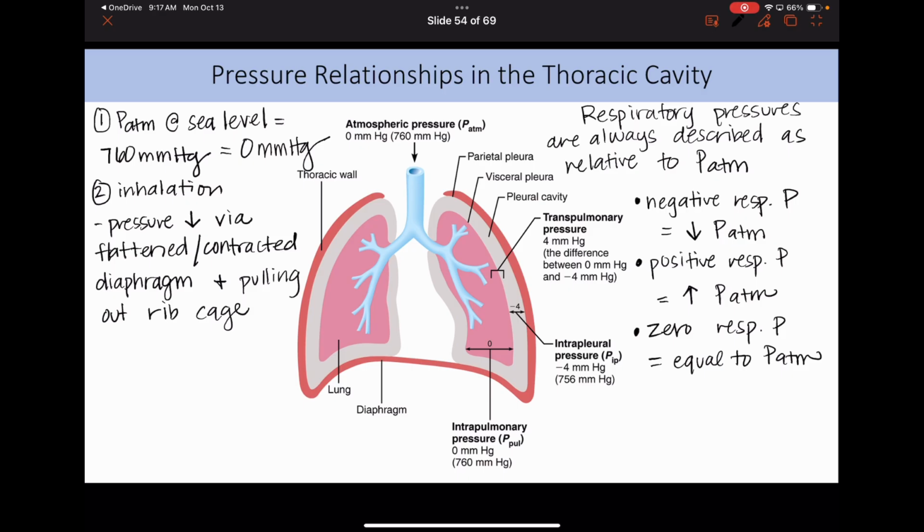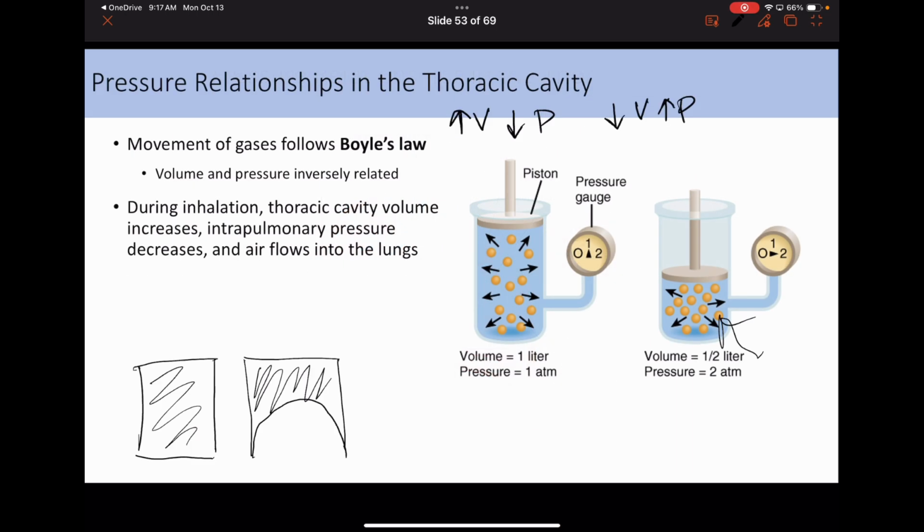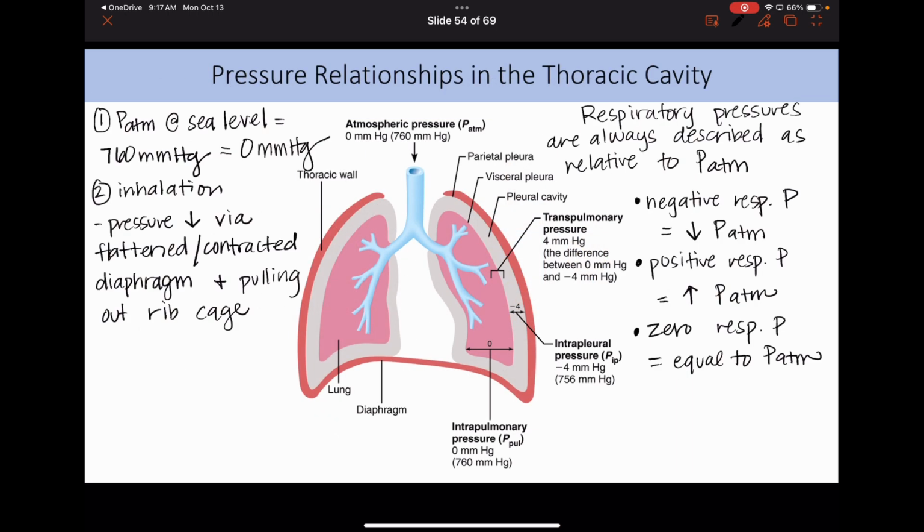This creates more space in the chest cavity and decreases pressure. This causes a negative pulmonary pressure, and we call that P-pul. I'll show you where that is, right here. P-pul is intrapulmonary pressure, the pressure inside your lungs.